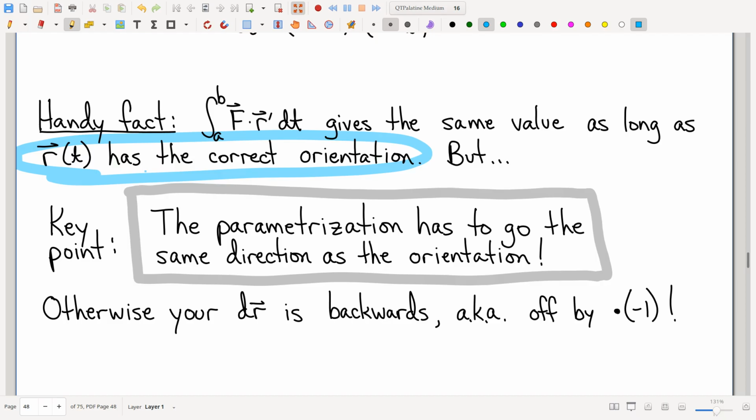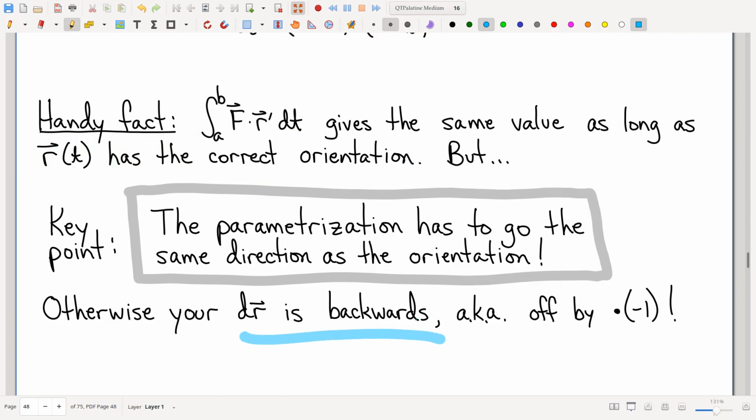Again, we are not just parameterizing a curve. We are parameterizing an oriented curve. You've got to make the parameterization go the same direction as whatever orientation you're given. And if you go the wrong direction, then you're going backwards, and you will get a wrong answer. Does that make sense?